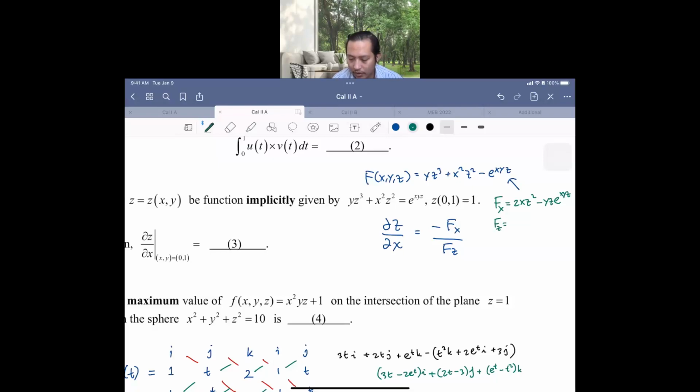And then f_z, we can have 3yz squared plus 2x squared z, and then minus xy e^(xyz). And then both of them taking it into the point 0, 1, 1, because we have z is 1. So both plug into these two equations, and we have 1 over 3.